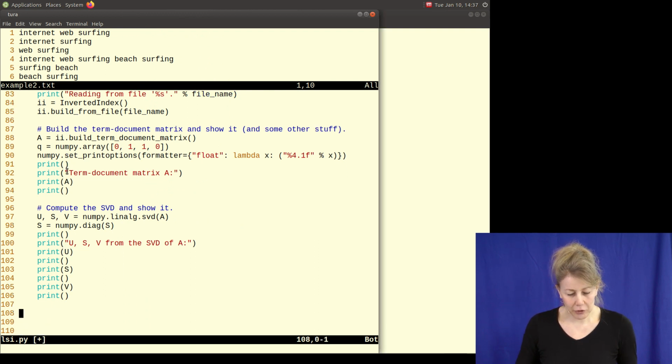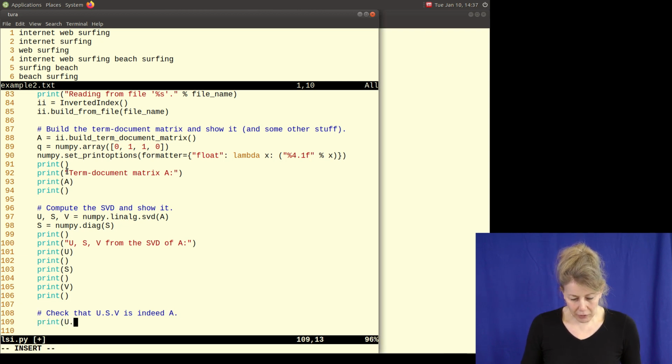Let me do that. And then let's check that U times S times V is indeed A. I just do U, matrix product with this, matrix product with this.